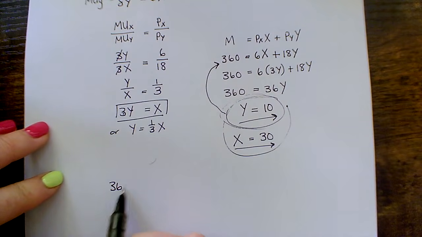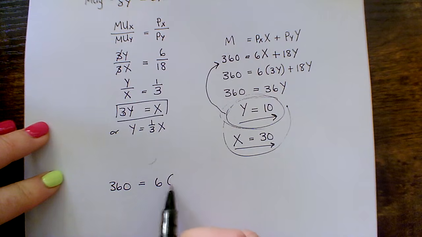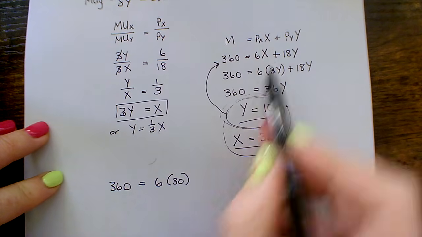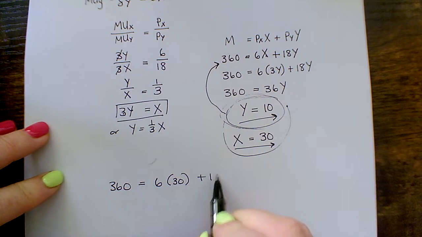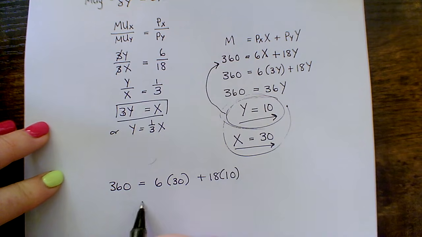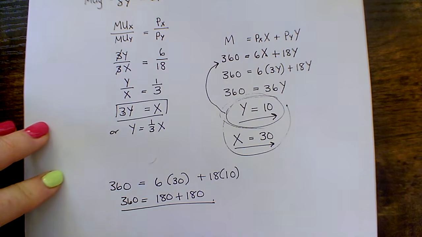Okay, so let's see. 360 is equal to 6 times 30. So I'm subbing in 30 for X plus 18 times 10. 6 times 30 is 180. 18 times 10 is 180. All good. So I can now trust my answer.